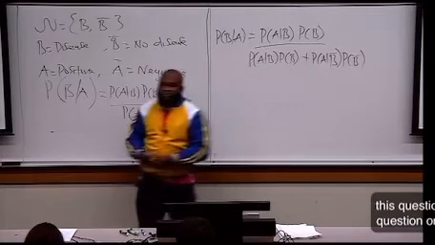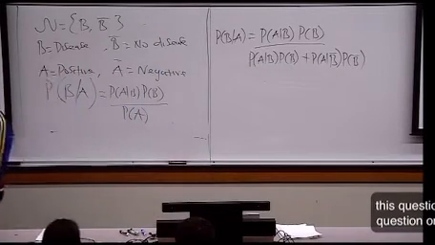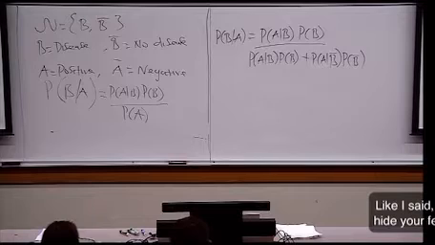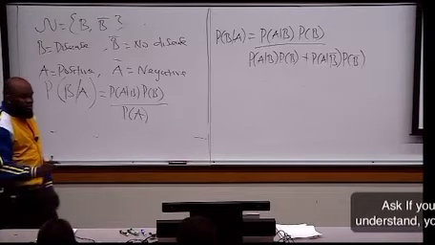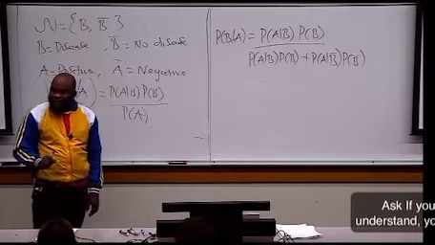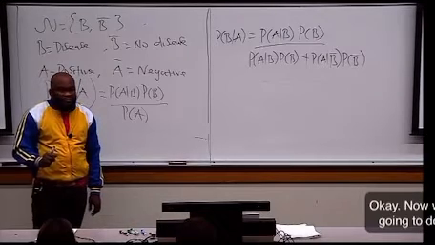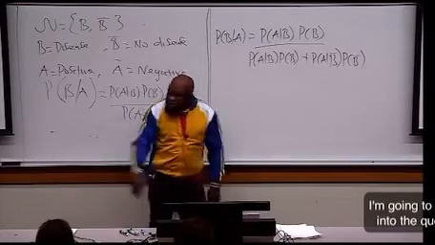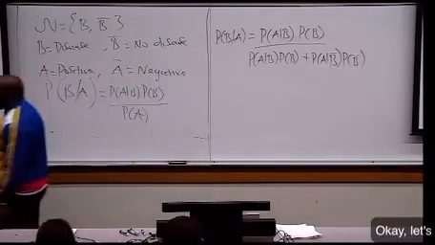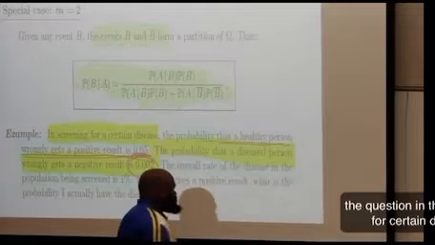Any question on that? Like I said, do not hide your feelings. Ask questions. If you don't understand, you're all good, right? Okay. Now, I'm going to go back to the question. Let's look at the question.